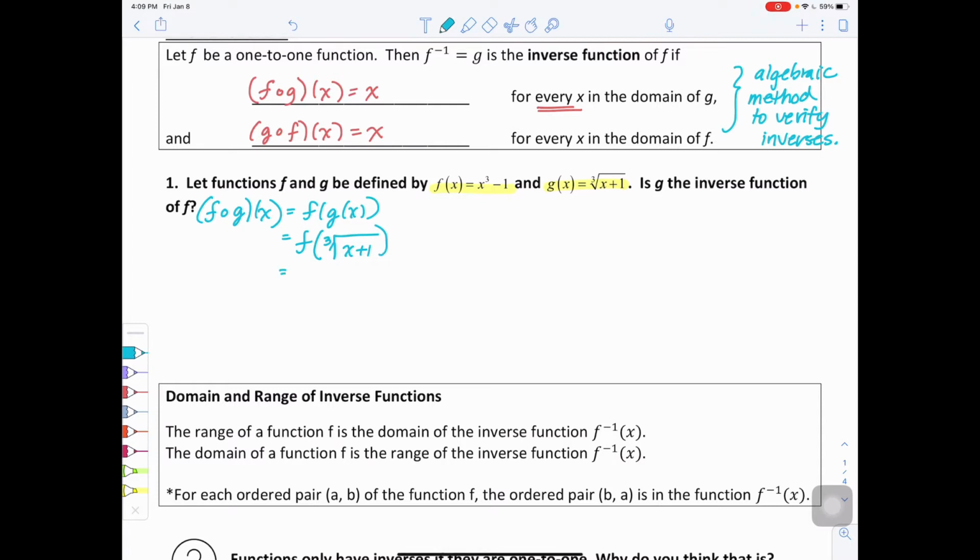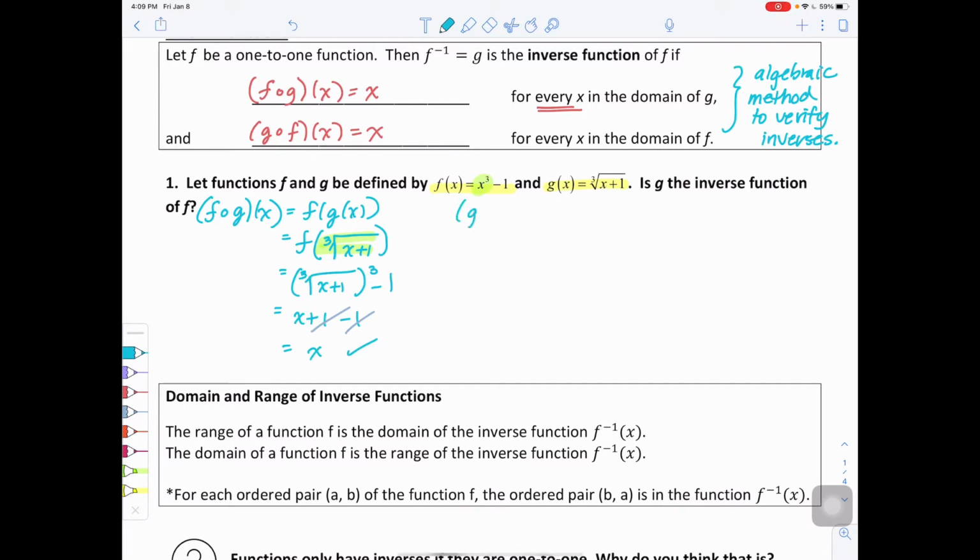So we go into the f function, and everywhere there is an x, we put the cube root of x plus 1. So the cube root of x plus 1 is our x value, and it's cubed minus 1. The cube root cubed is just what's under that root, minus 1. And we're left with x. Check. So far, so good.